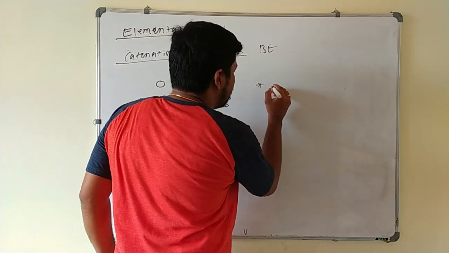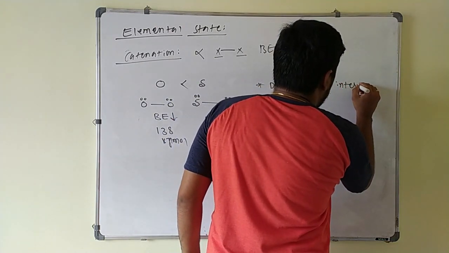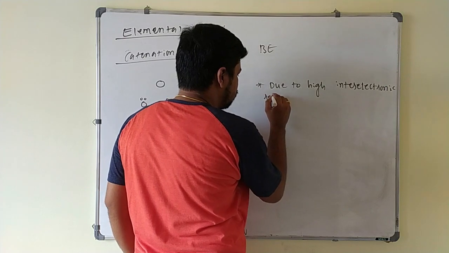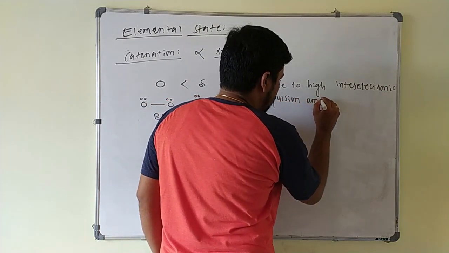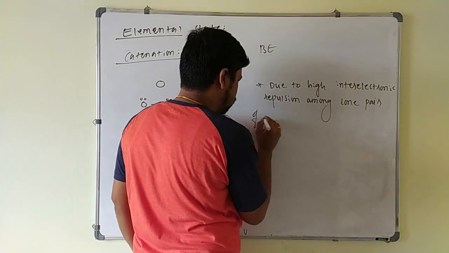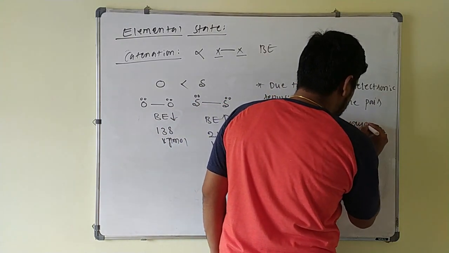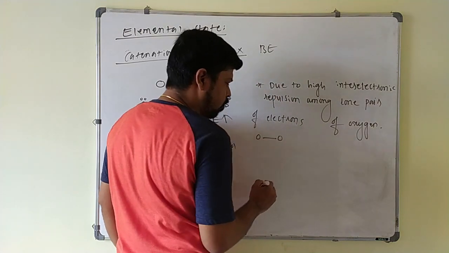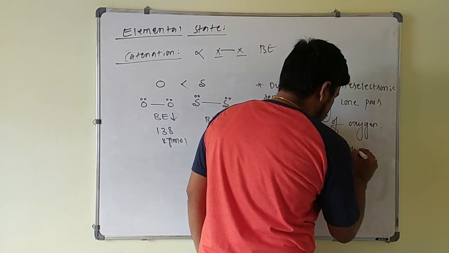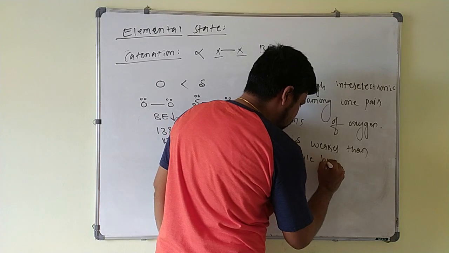All right. Due to high interelectronic repulsion among lone pair of electrons of oxygen, the O-O single bond is weaker than the S-S single bond.